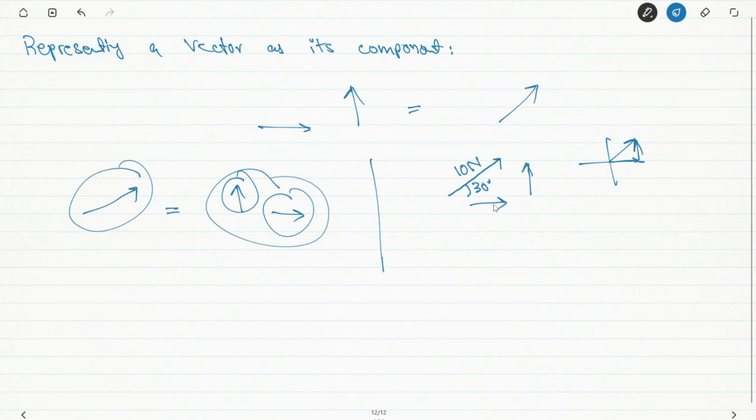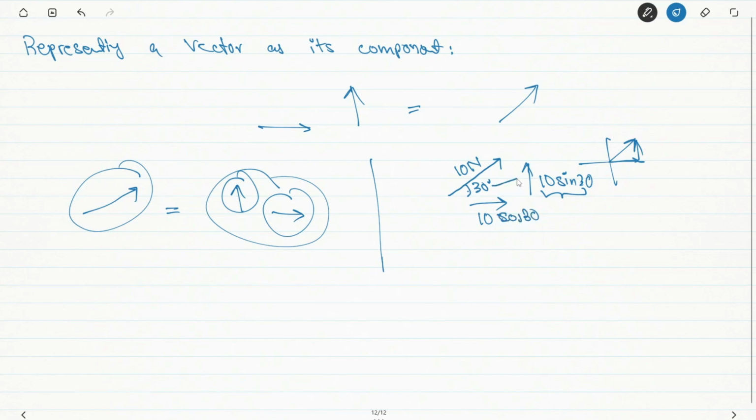And to solve this, you just have to apply the trigonometric ratio. So 10 Newton multiplied by sine 30, this is the value of vertical component, and 10 Newton multiplied by cos 30.